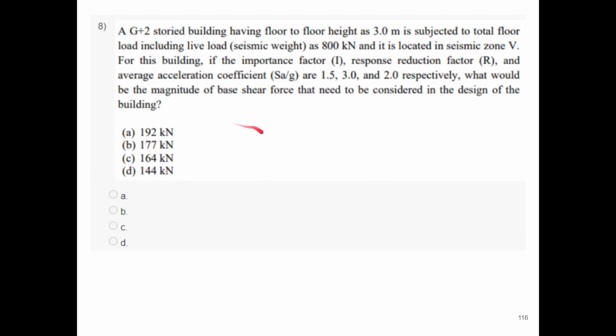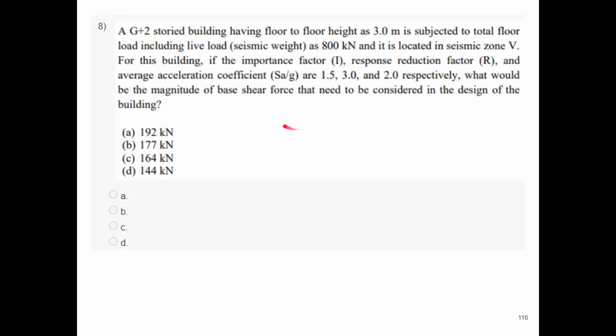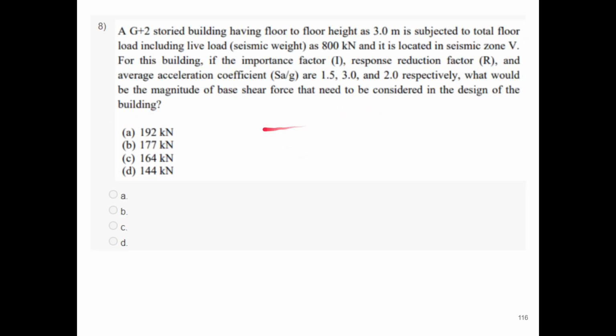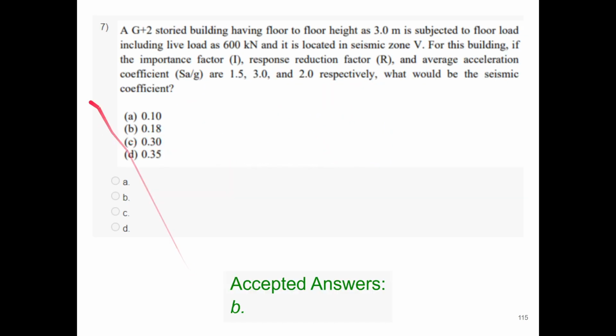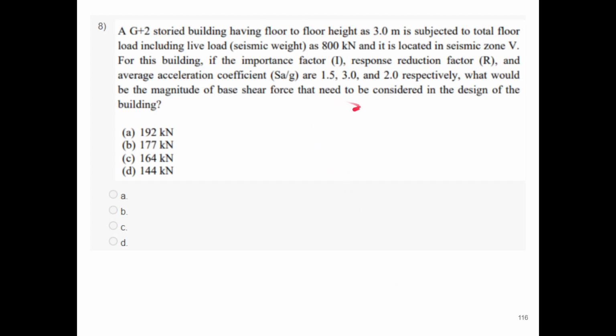So if you see this question, this is the same question as the last question. Only we have to find the base shear force. Earlier they asked to calculate the seismic coefficient. Now we have to calculate the base shear force. So seismic coefficient, as we found, is how much? 0.18. And we have to find base shear.